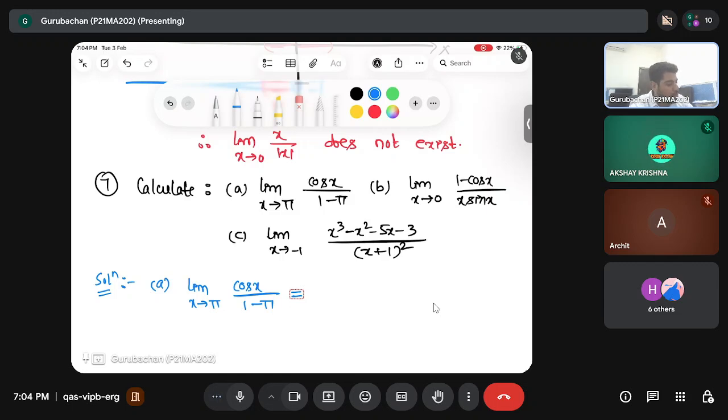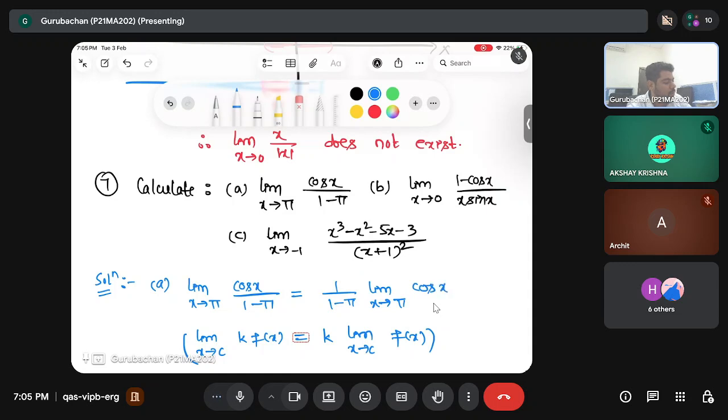Scalar. So you know that limit x tending to c of any scalar times f(x), the k can come outside, and this will be k times limit x tends to c of f(x). So it will be 1 by 1 minus pi times limit x tending to pi of cos x, right?